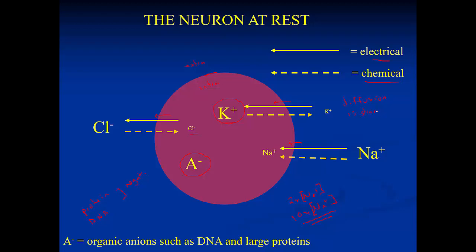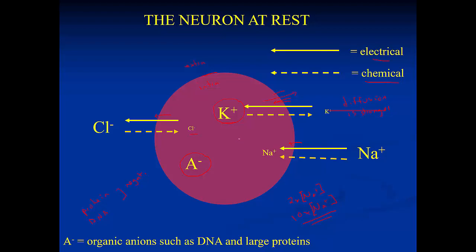So if suddenly I open up a potassium channel, potassium is going to flow out of the cell, even when the inside of the cell is negatively charged, because this force of diffusion is much, much stronger. In fact, it's so strong that when we talk about movement of ions, I basically want you to ignore this electrical gradient.